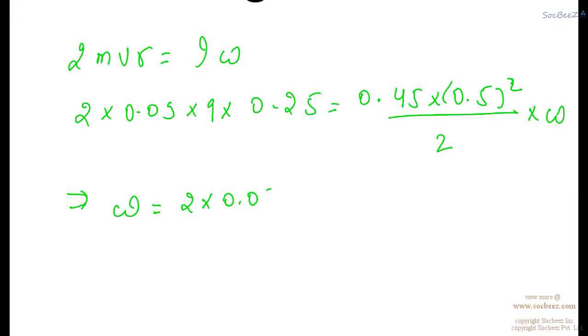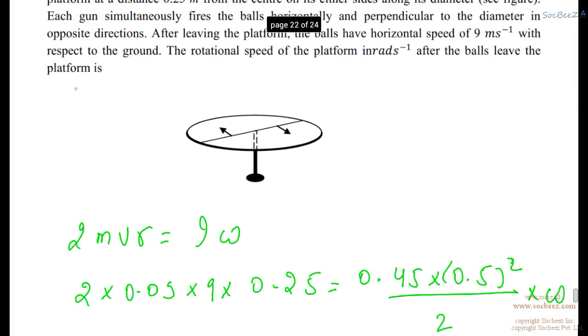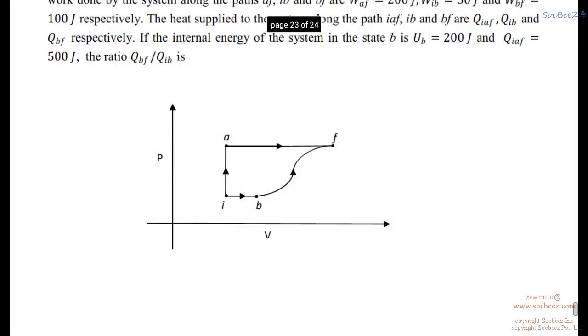So from here omega is 2 into 0.05 into 9 into 0.25 into 2 upon 0.45 into 0.5 into 0.5. After solving, this comes out to be 4. So the correct answer here is 4.